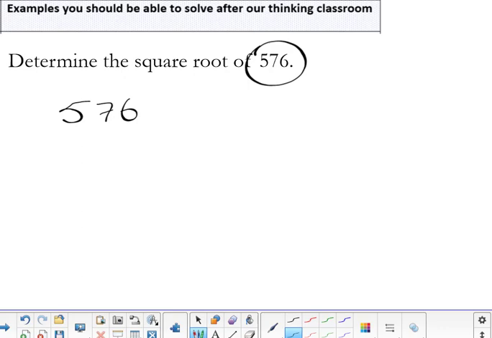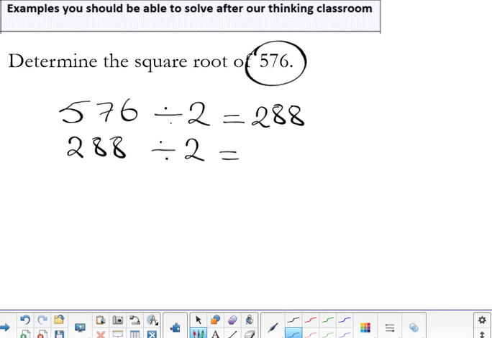Now you can see that it's an even number, so we'll start by dividing by 2. And using a bit of mental math, what's that equal to? That's equal to 288. So we're going to keep on going here, 288, that's equal to 144. 144 divided by 2, we've got 72, and we keep on going.